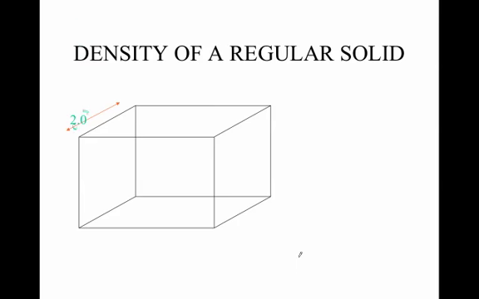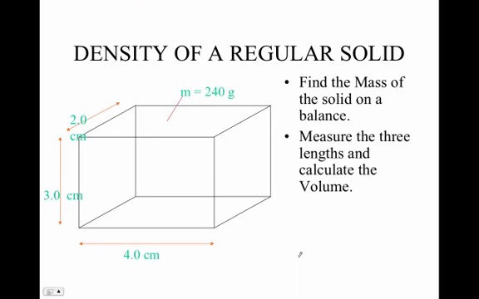So the density of a regular shaped solid, we'd go length times height times width. And if its mass was 240, what would the density be? So mass is 240. We don't know the volume, but we can find the volume. The volume is 2 times 3 times 4, so that's 6 times 4, that's 24.